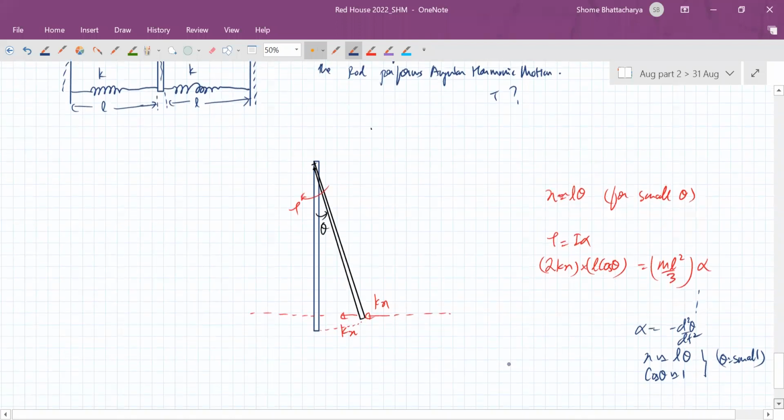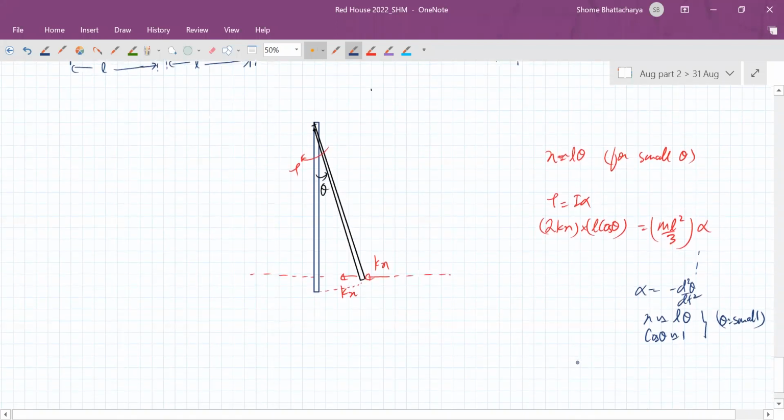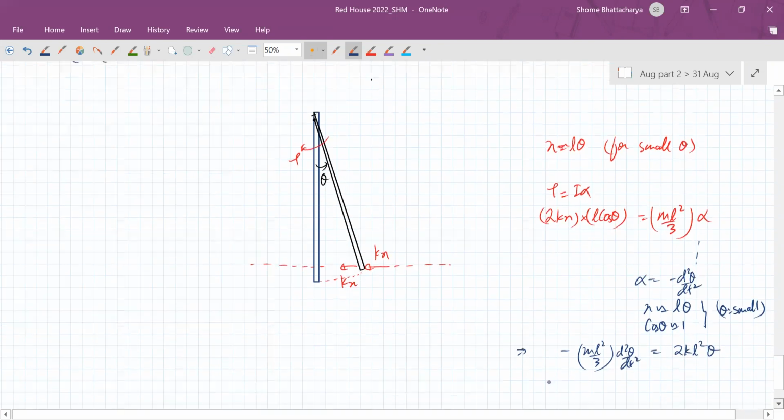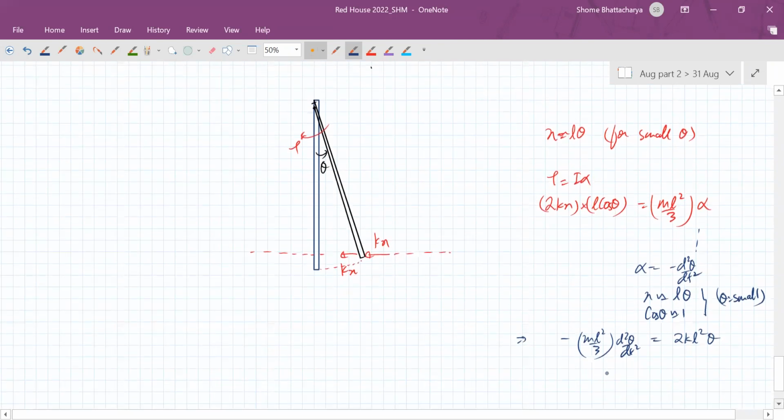Having applied these approximations, we'll get the equation as minus ml squared by 3 d2 theta by dt squared equals 2kl squared theta. Okay. So I'm getting d2 theta by dt squared as minus 6k by m into theta.